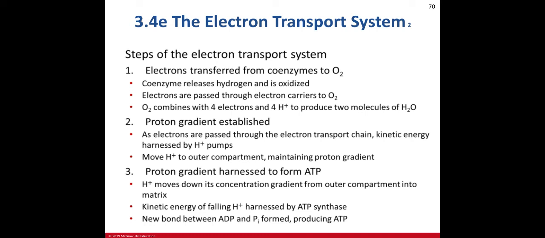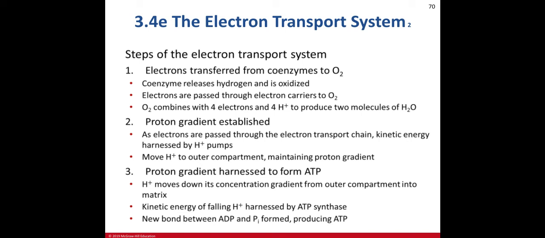There's this proton gradient that gets established as we move electrons through the chain, and we can get kinetic energy by harnessing these pumps. The proton gradient is what ends up making the ATP. Hydrogen moves down the gradient from the outer compartment to the matrix.